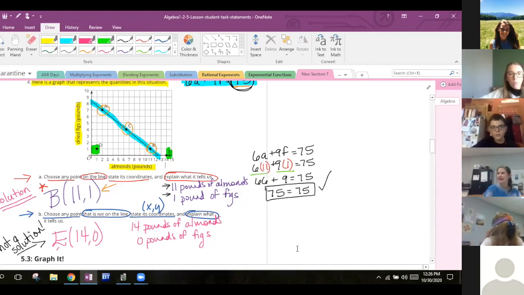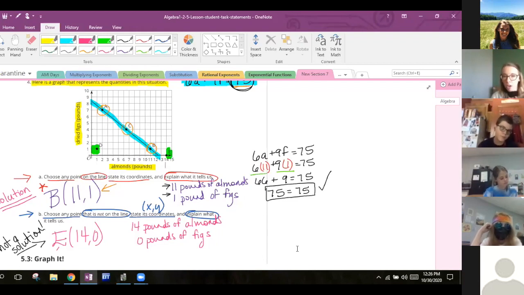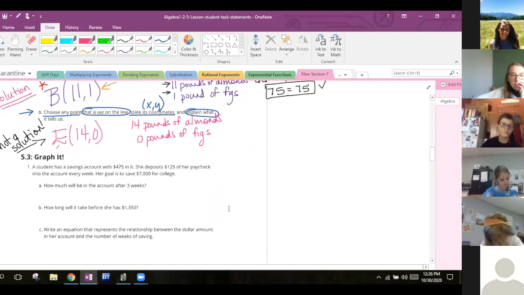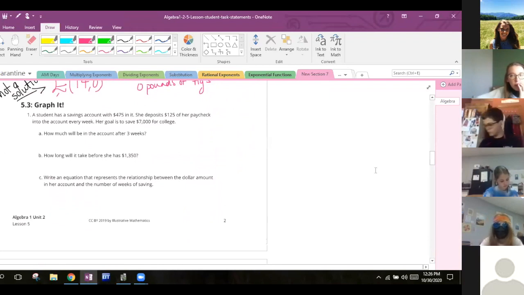Now, keep that in your mind. So what we just discovered is that if a coordinate is on the line, it is a solution. If it is not on the line, it is not a solution to the equation that we're working with. Okay, now remember the line that is on the graph comes from the equation. Okay, so let's look at 5.3.